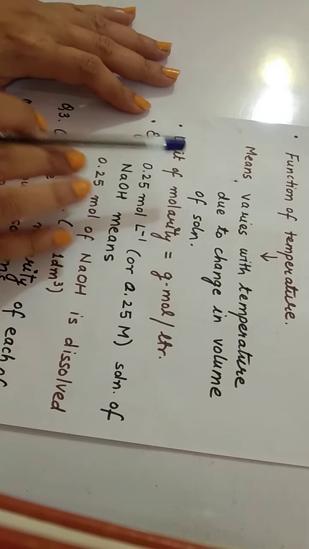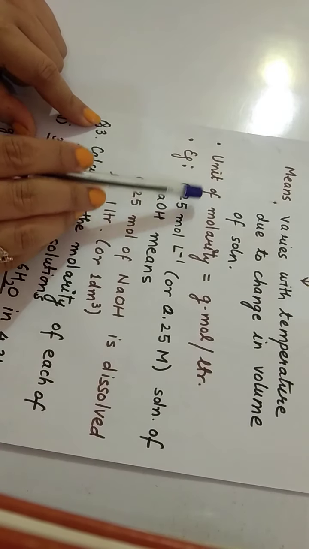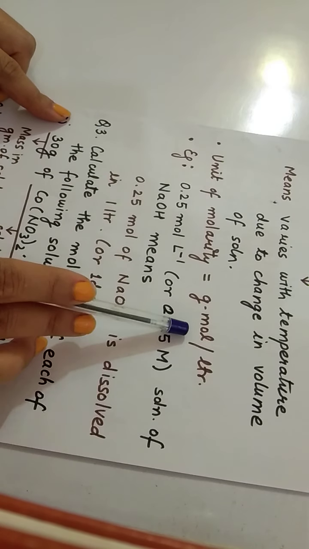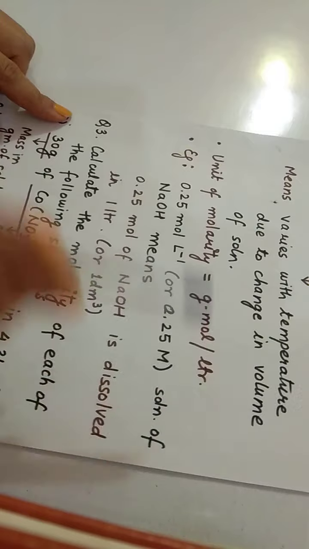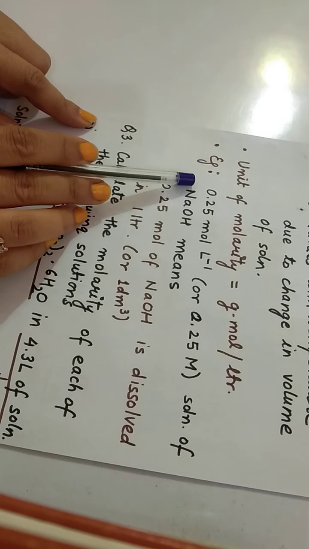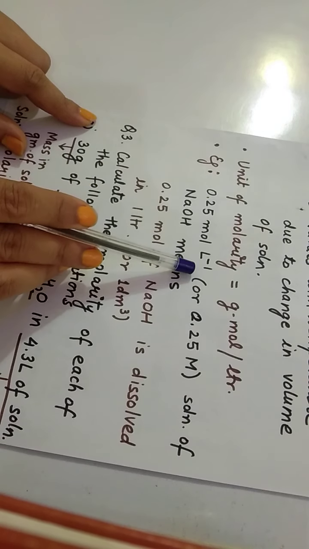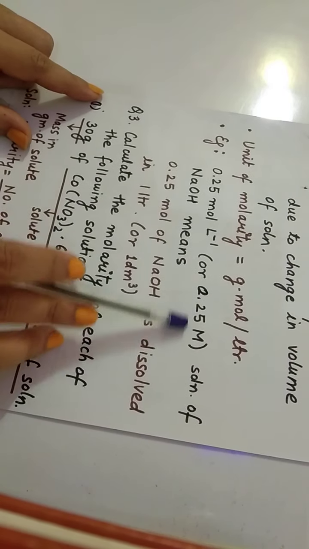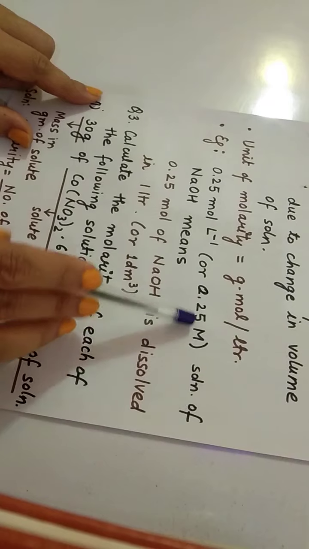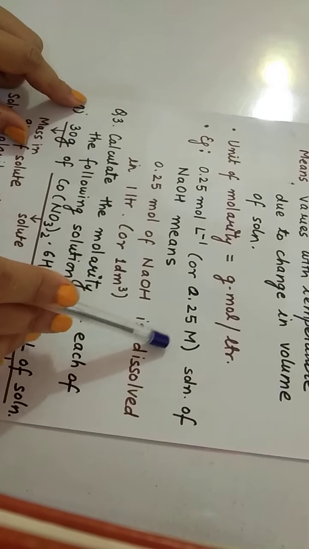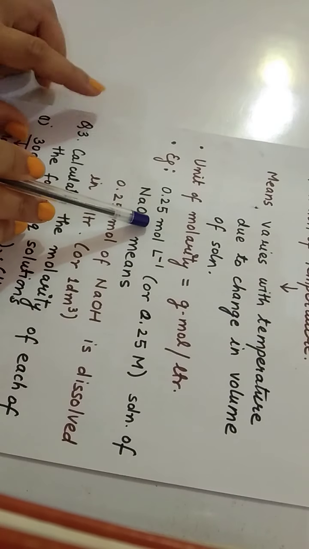Now what is the unit of molarity? The unit of molarity is gram mole per liter. For example, if it's given 0.25 mole per liter or 0.25 capital M, the capital M indicates the molarity and the unit for molarity is mole per liter.